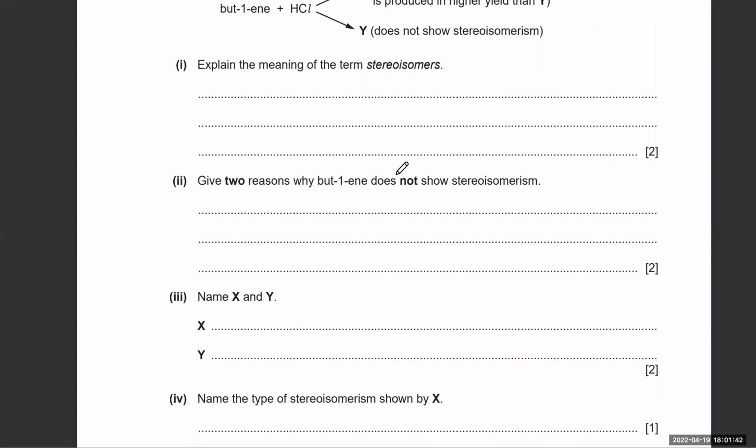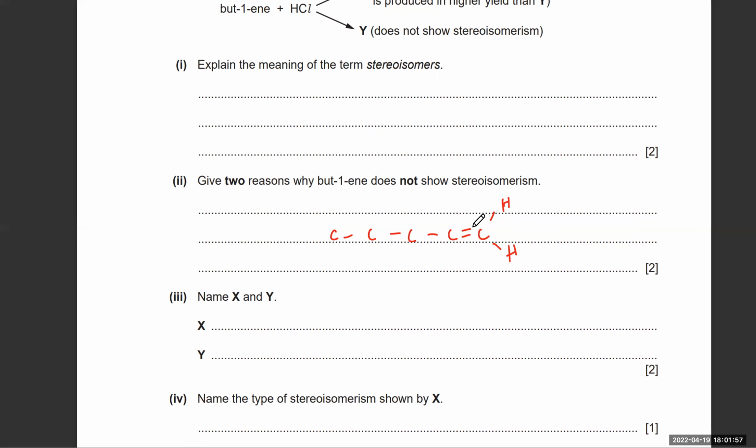Give 2 reasons why but-1-ene does not show stereoisomerism. It doesn't have a chiral center. You're going to describe that there is no chiral center, no carbon bonded to 4 different groups.